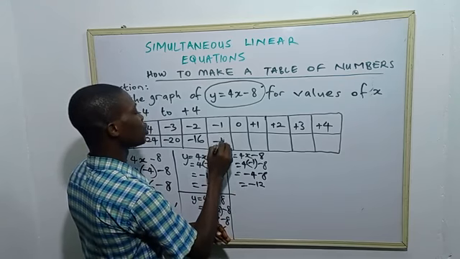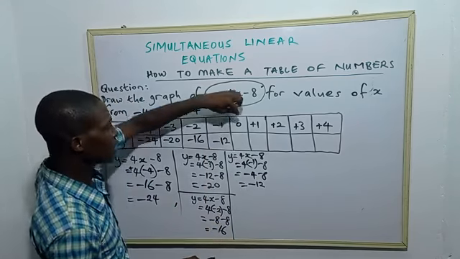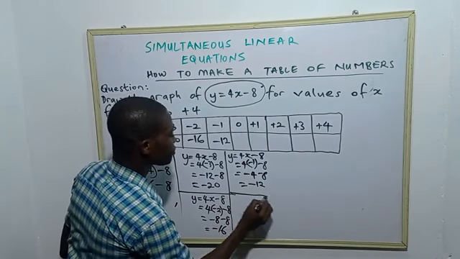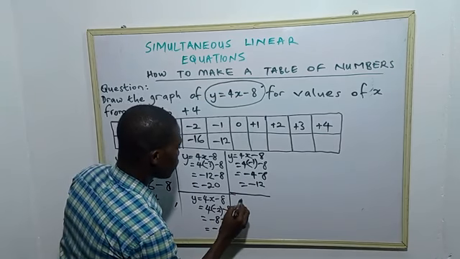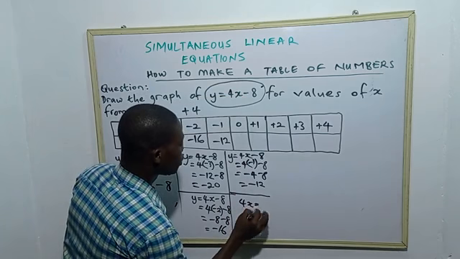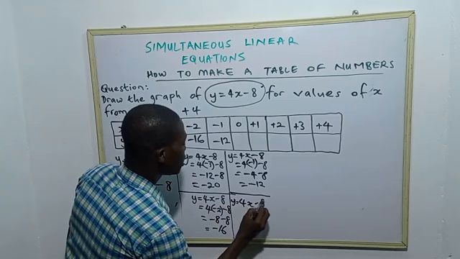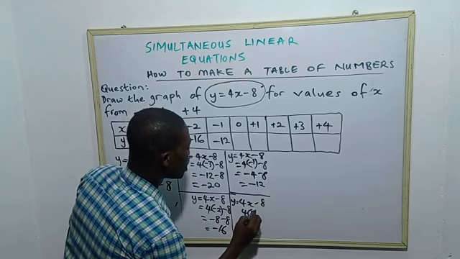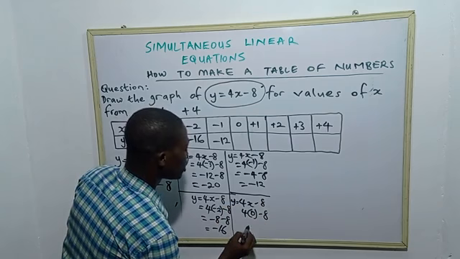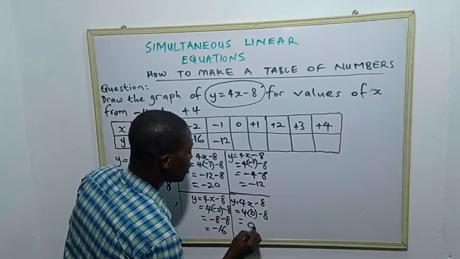Right, minus 12. Okay, in the case of 0, y equals 4x minus 8. 4 into 0 minus 8. 4 times 0 is 0, then minus 8.